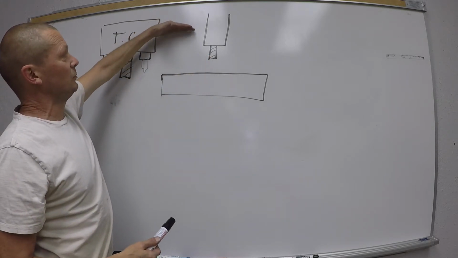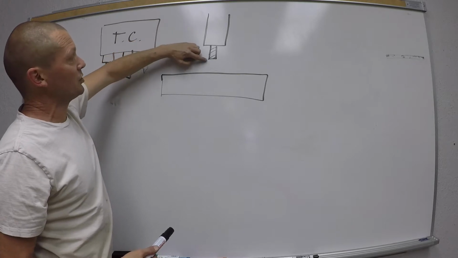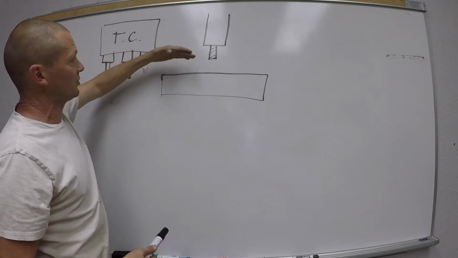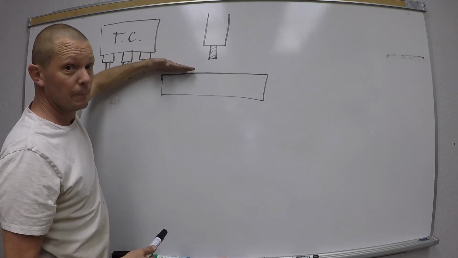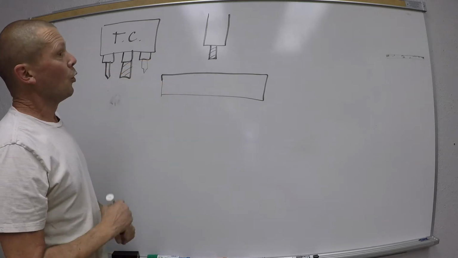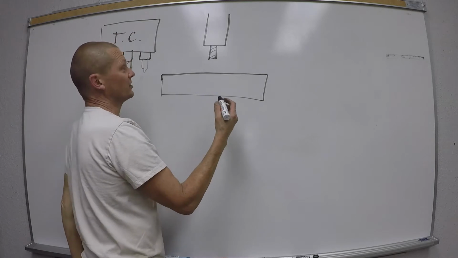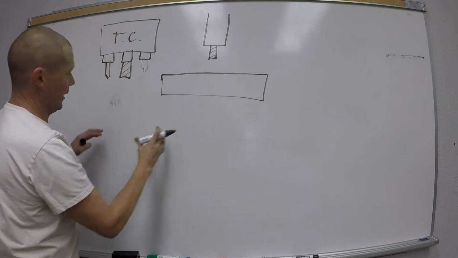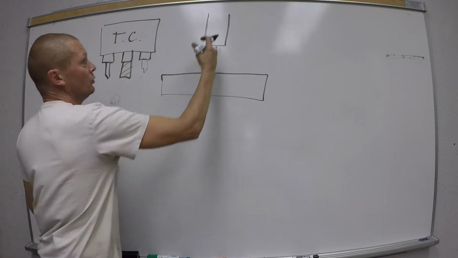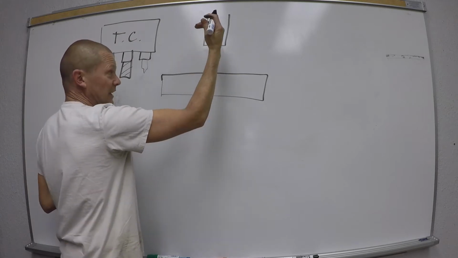The CNC machine has no idea of the relationship between the bottom of this tool and the top of our part. So we have to tell it what that is. Remember, it went home, so it knows where home is on Z now.